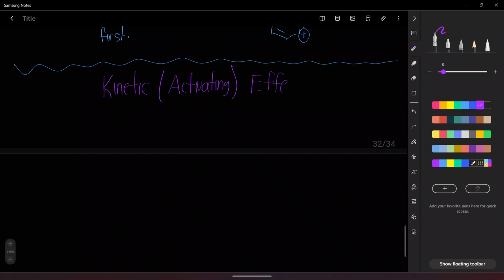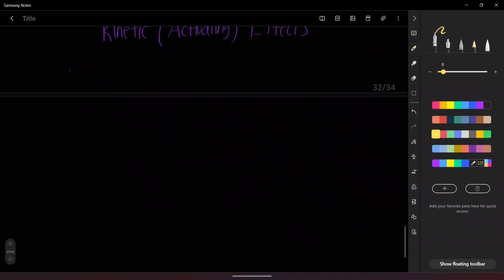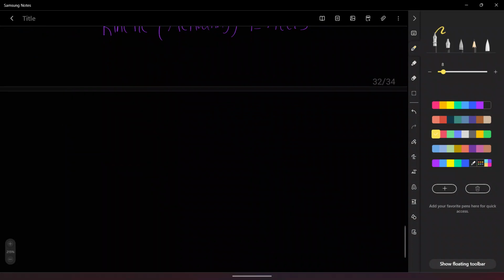And that just refers to whether or not a group will make EAS reactions faster or slower. Okay. So it should make sense, hopefully, that when you have... let me draw in all of these.